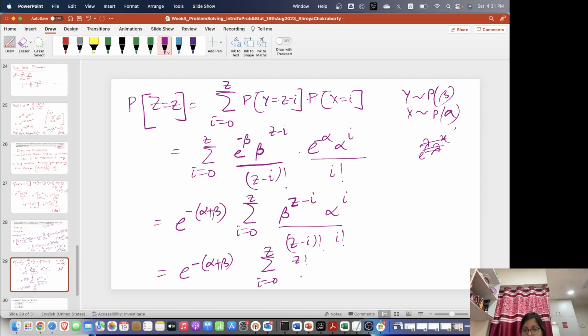If we introduce z factorial over here and divide by z factorial over here, then what do we have? z minus i factorial, alpha to the power i, beta to the power z minus i.